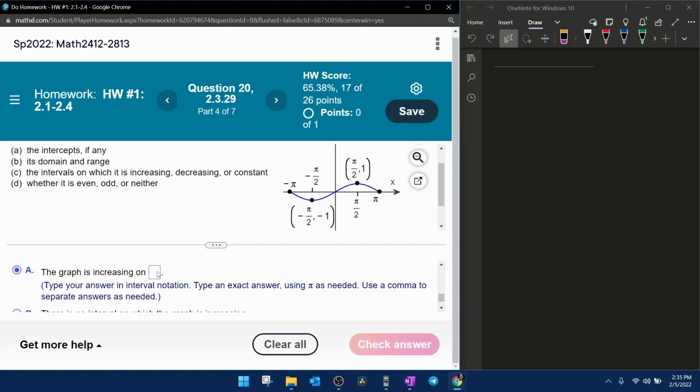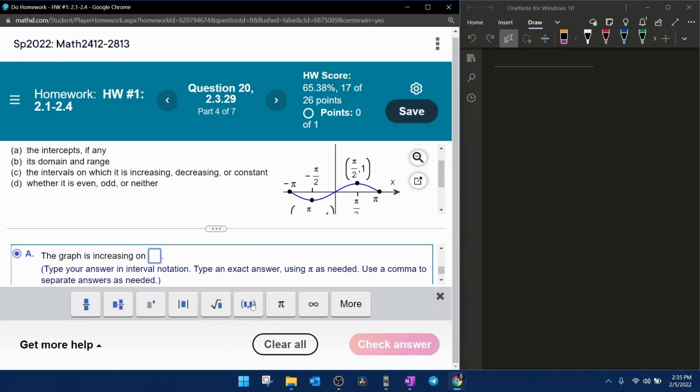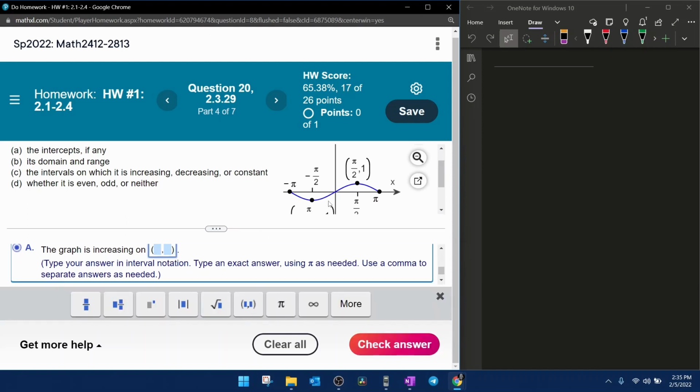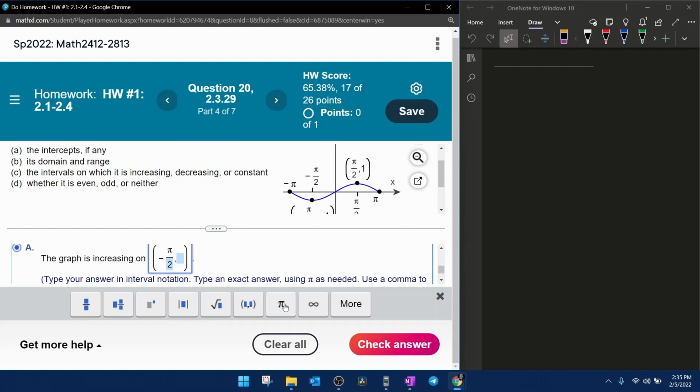So we can say the graph is increasing from negative pi over 2 to pi over 2. When you're inputting intervals of increasing, decreasing, and constant, you never use brackets. Always parentheses for increasing, decreasing, and constant.